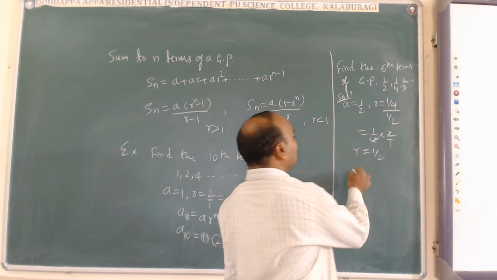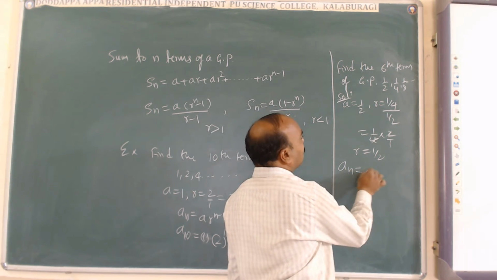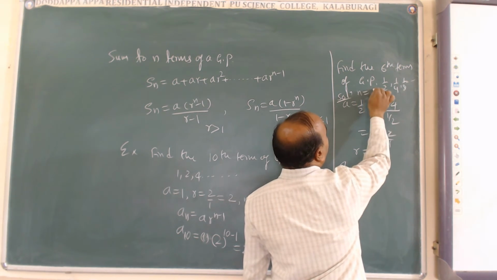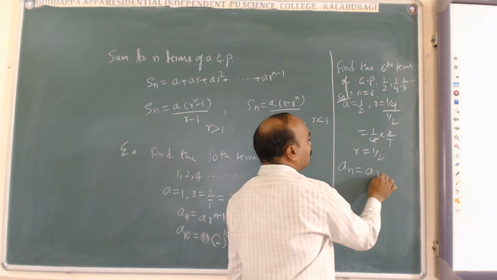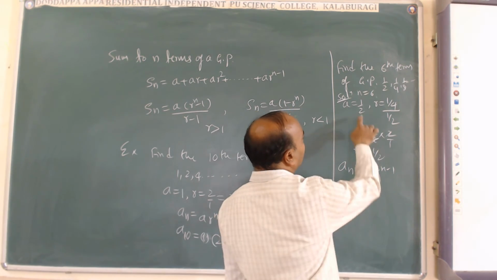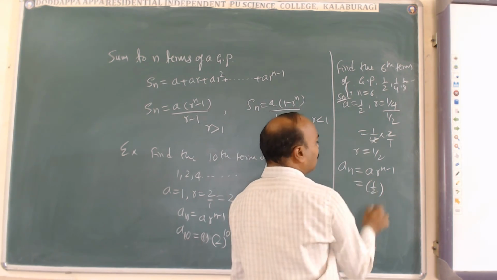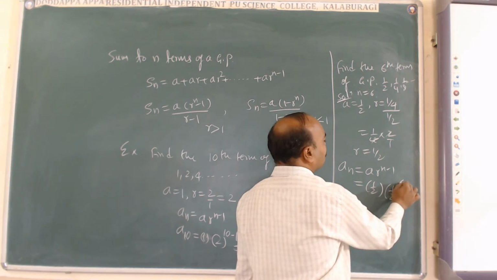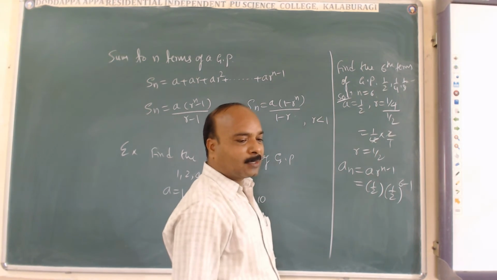Next we go for the formula. Here you ask for the 6th term, means n equal to 6. Formula is a r raised to n minus 1. A value you already have, it is 1 by 2, into r value 1 by 2 raised to 6 minus 1, since n value is 6 here.